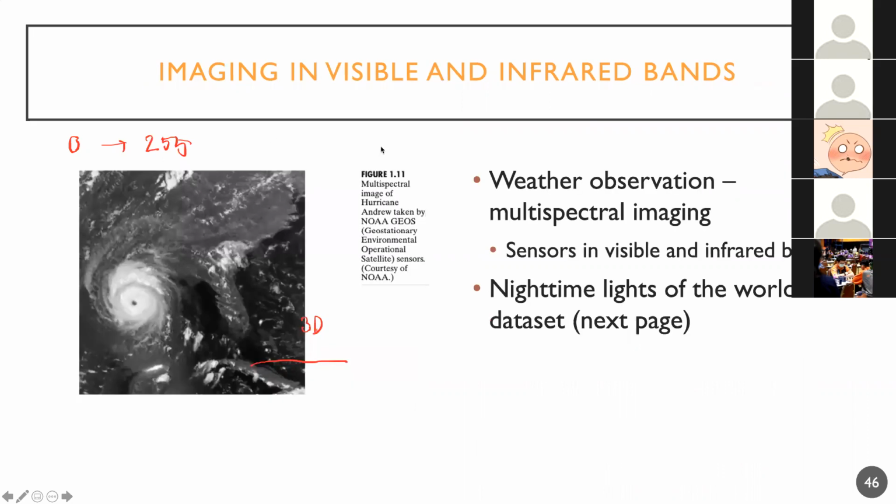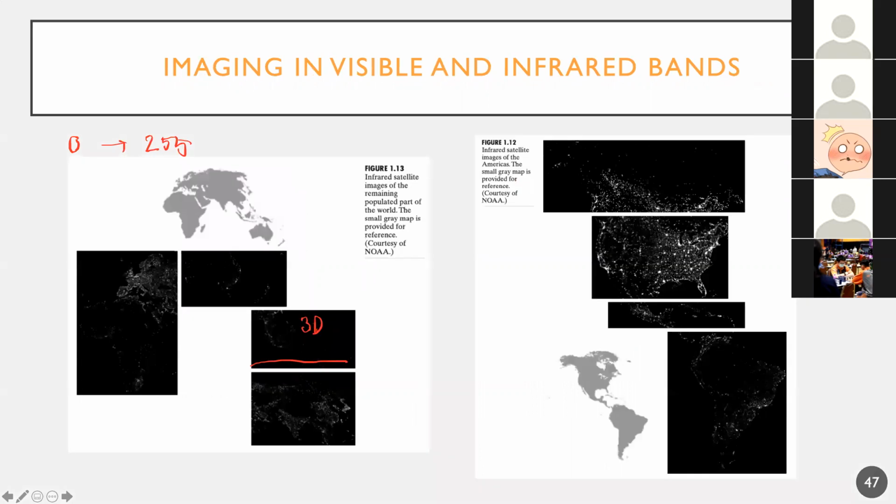They also use the visible band and infrared band for weather observation. They're using both bands in weather observation. And they also use it to detect light, because it's visible and infrared. So whenever there's an area with light, it will be able to detect.